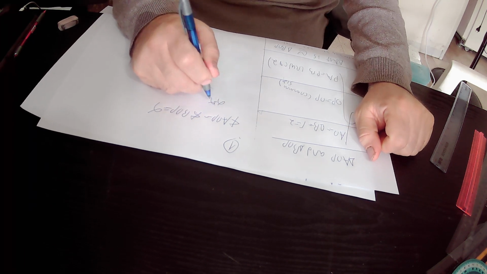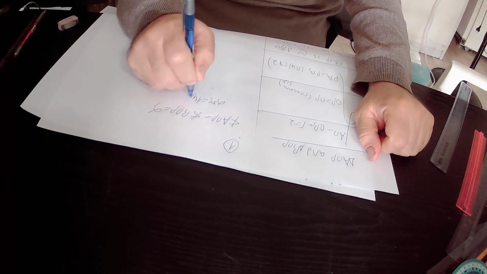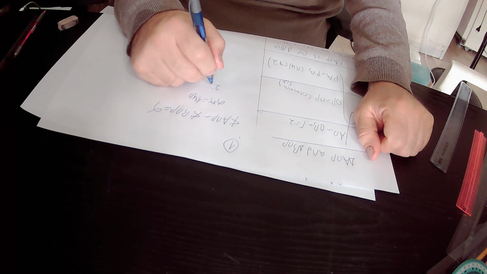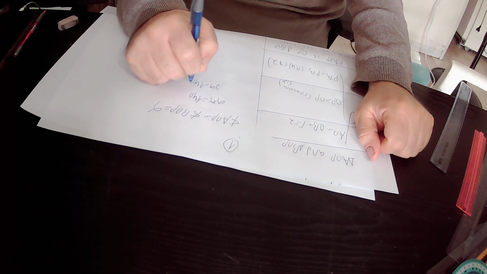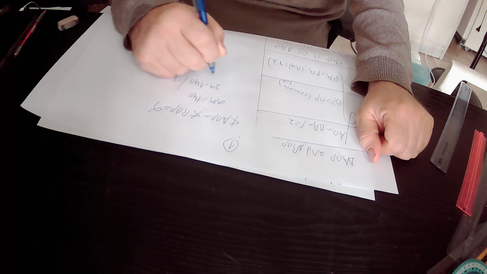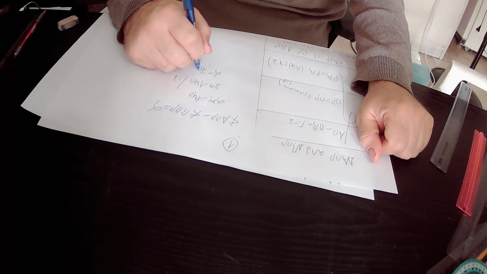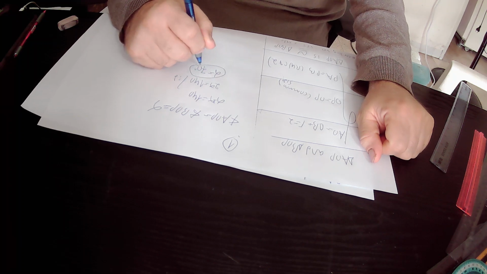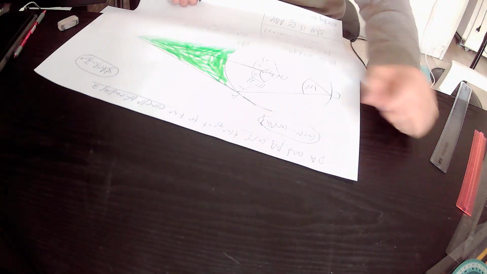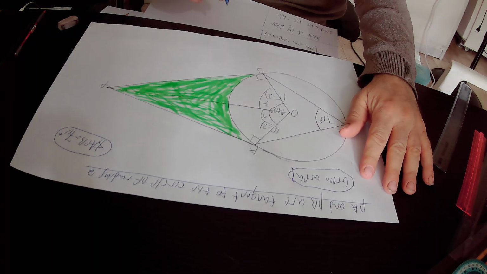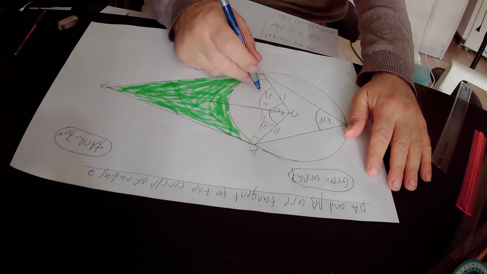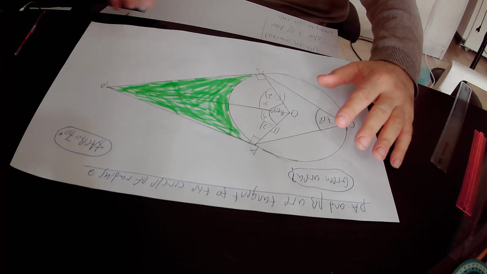So 2 alpha equals to 140 degrees. We divide this equation by 2. And finally we get that the missing angle alpha equals to 140 degrees over 2 is 70 degrees. So this is angle alpha that is equals to 70 degrees in its size.